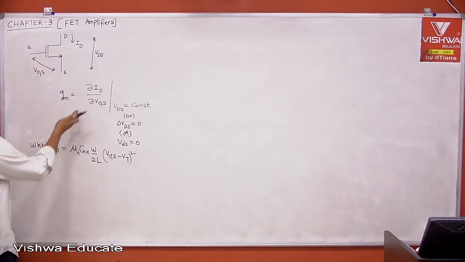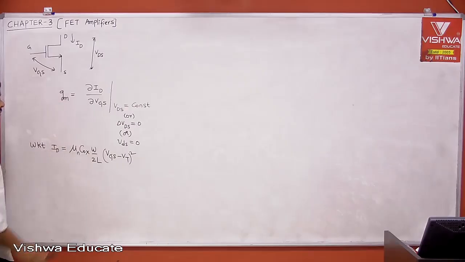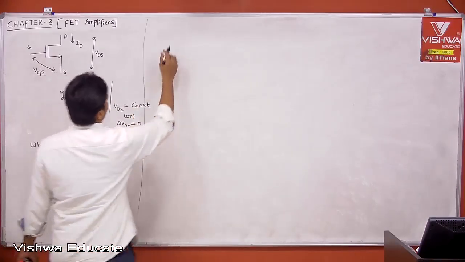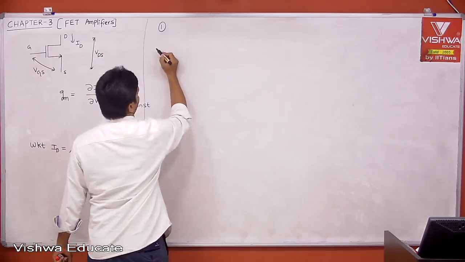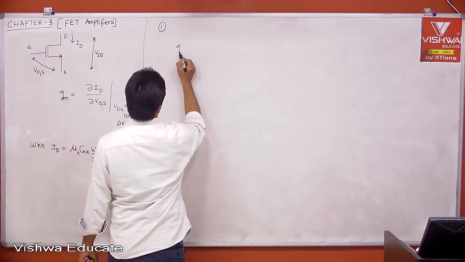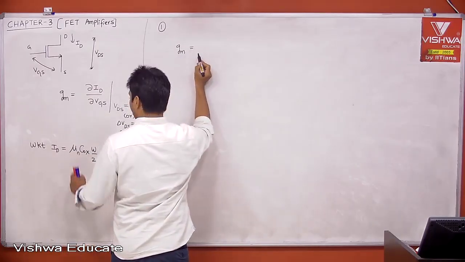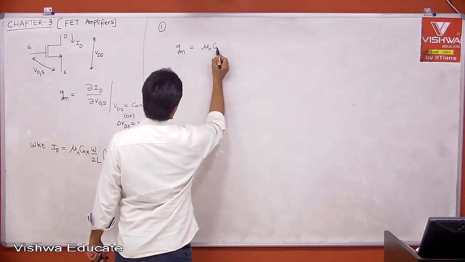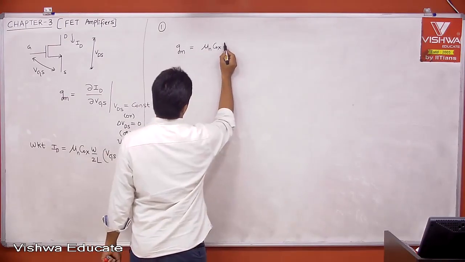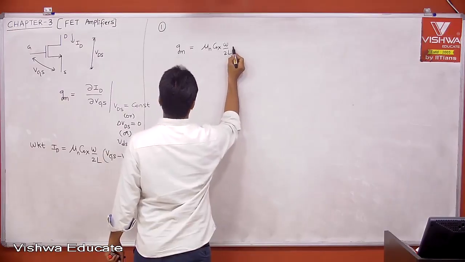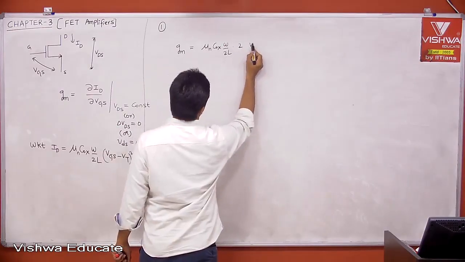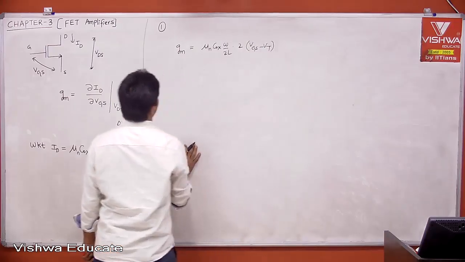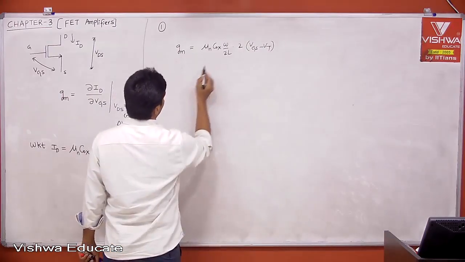Now differentiate this ID with respect to VGS, then you'll get GM, right? Therefore, what is GM? If you differentiate, you will get mu n Cox into W by 2L into 2 into VGS minus VT. 2 will be cancelled.